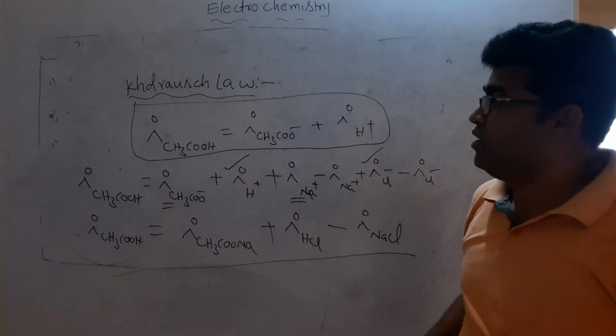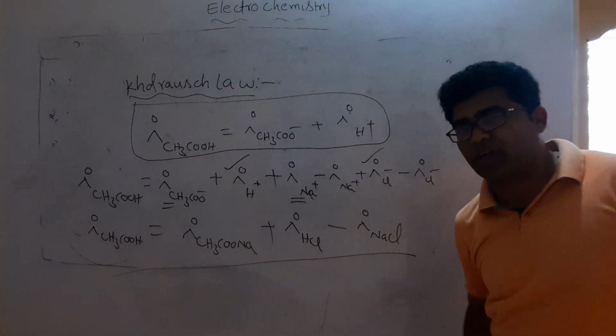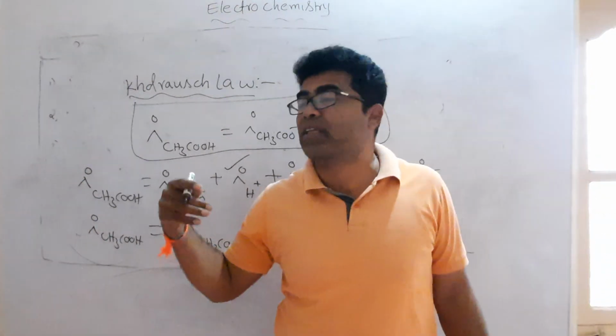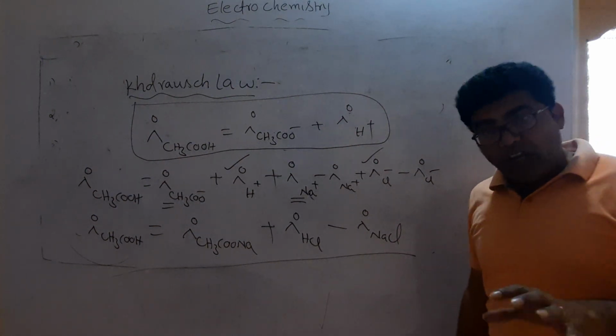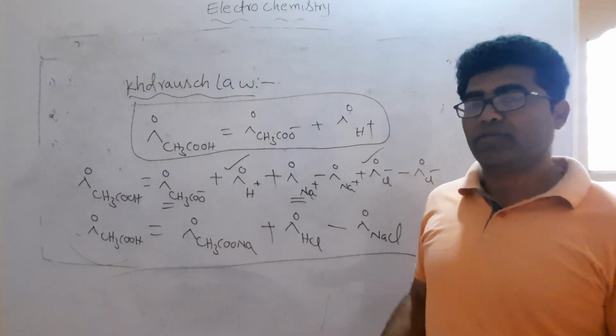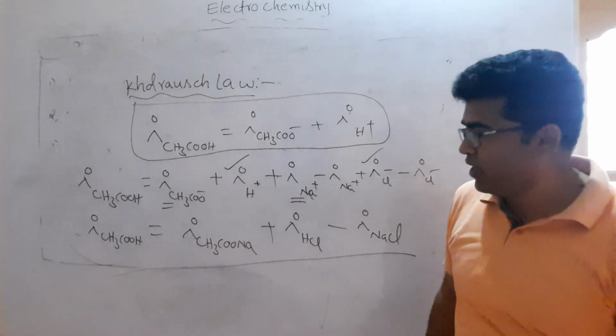Sum means addition. Because of that statement, what benefit did we get? That is why we remember Kohlrausch. Our aim is to find the limiting molar conductivity of a weak electrolyte, which is not possible by experiment.